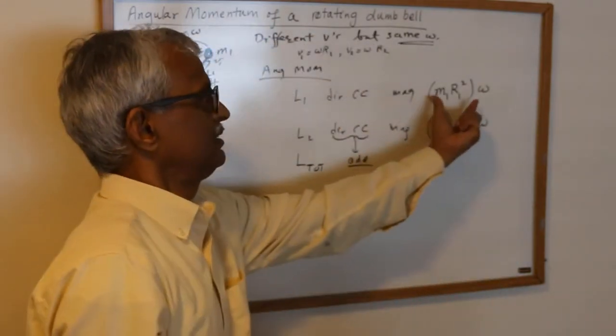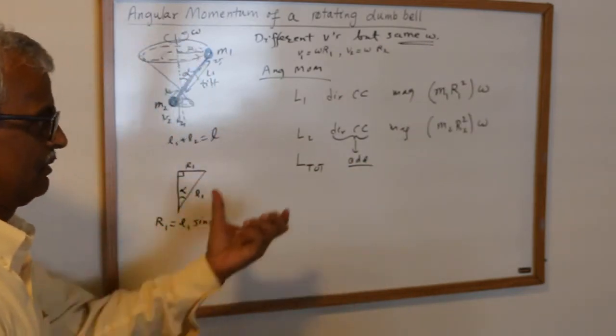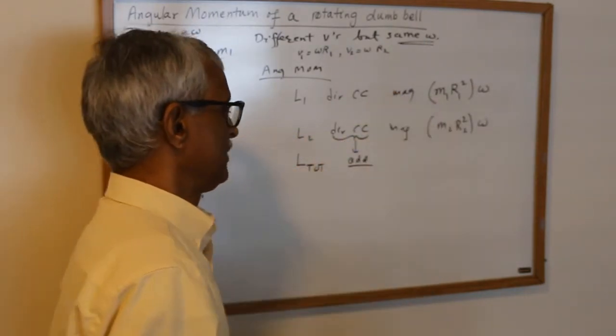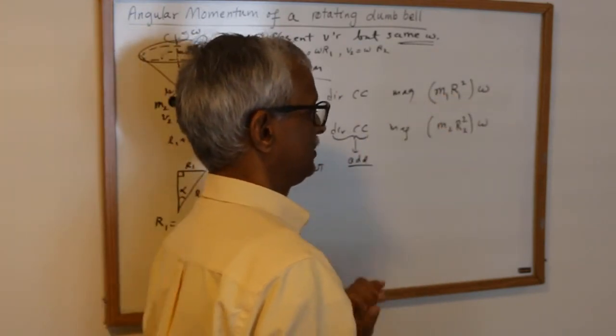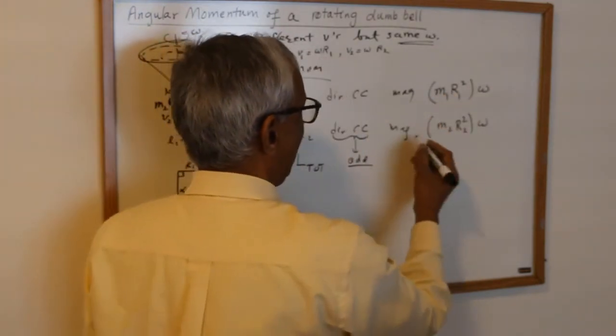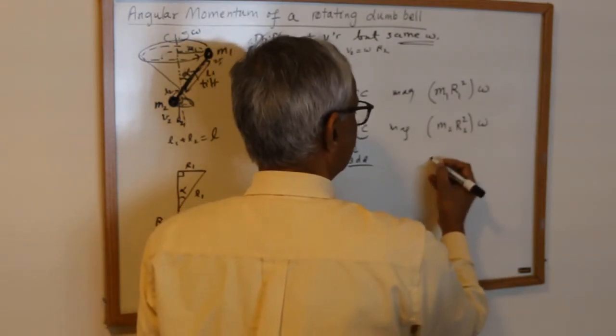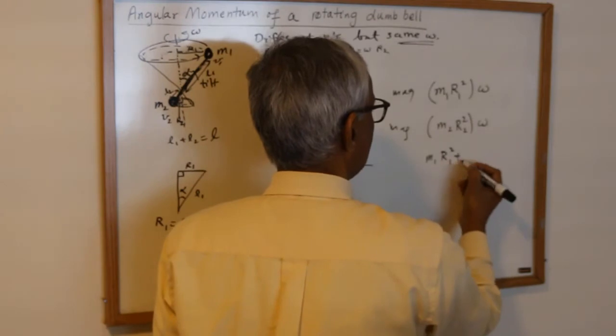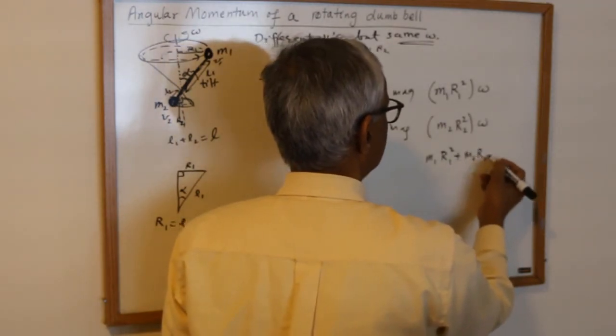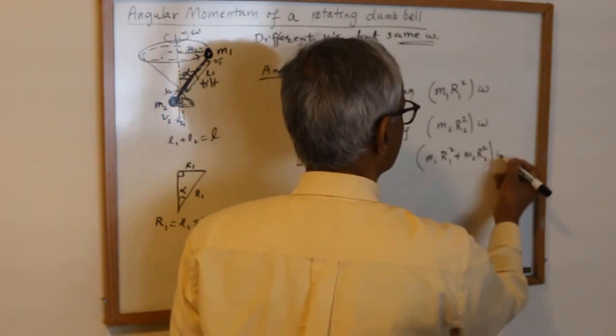I'm putting in parentheses because that's the moment of inertia. You don't need to put parentheses, just for emphasis here. So when I add, I'll get m1 r1 squared plus m2 r2 squared, times a common omega.